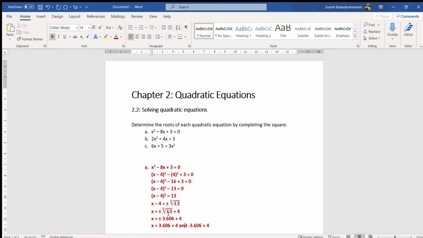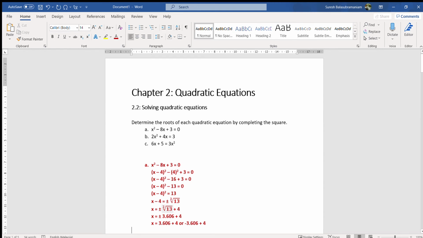I don't write and, it's or, either one of the answers. So x equals 3.606 plus 4 is 7.606, or negative 3.606 plus 4. I can use the calculator again.